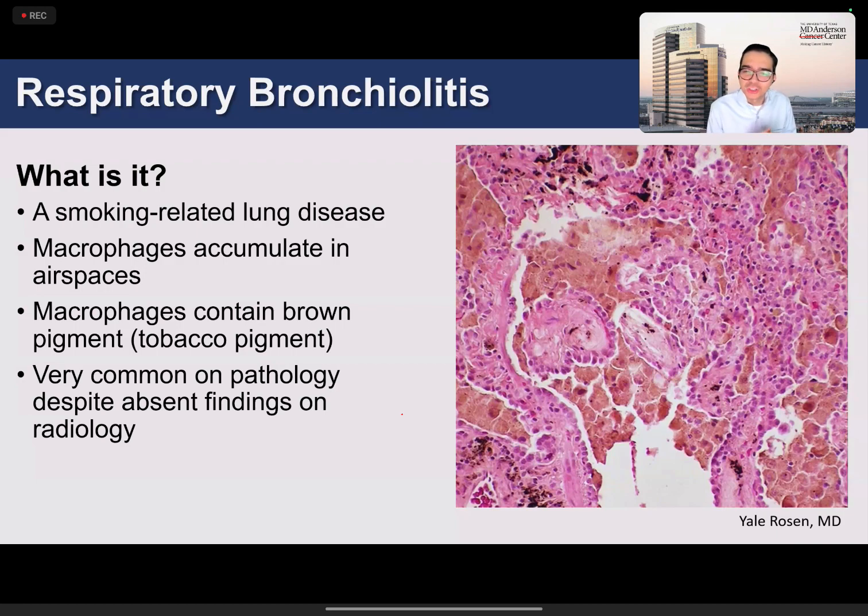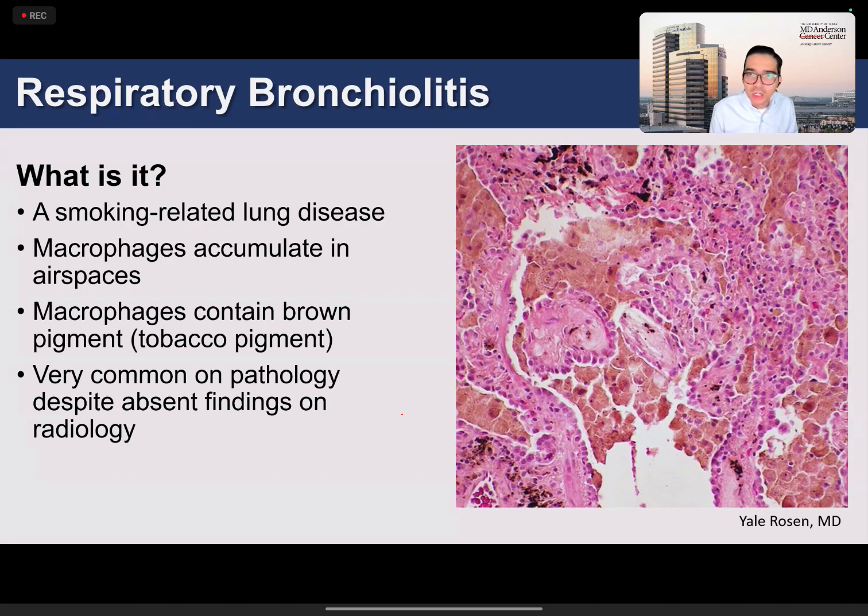So this differential is a good few things to remember when you have a patient with chronic ground glass, but it's certainly not a comprehensive list, okay? And one of the first things to look up in the history is whether the patient is a smoker, because then you want to think about the smoking-related lung diseases, respiratory bronchiolitis and desquamative interstitial pneumonia.